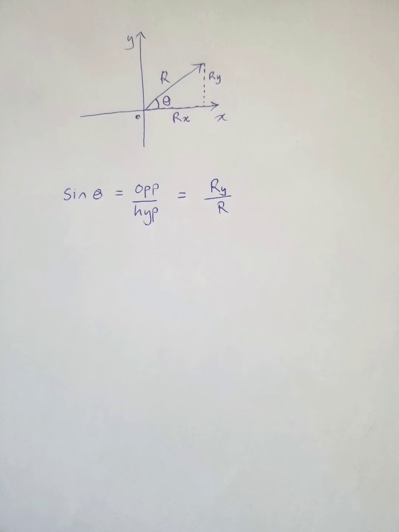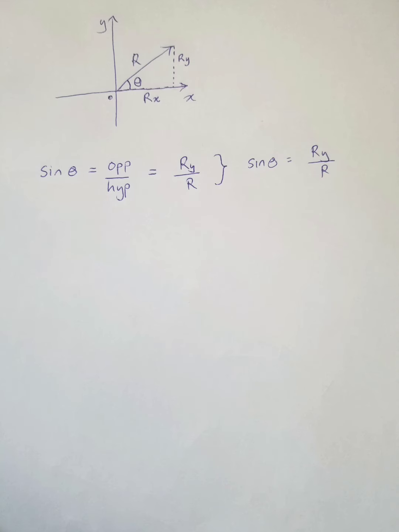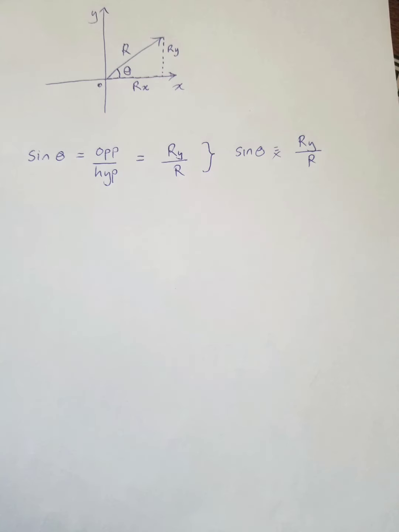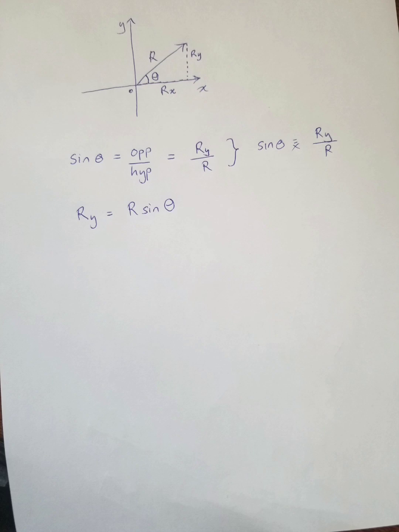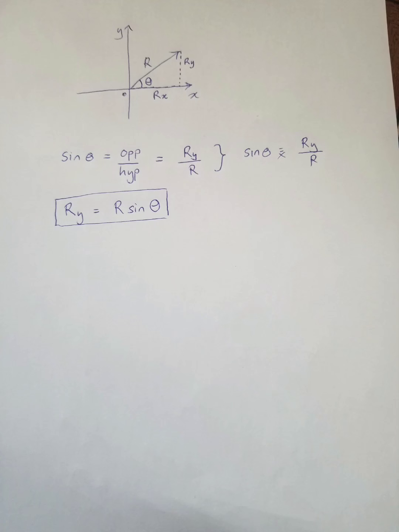And in this case, our opposite is ry and our hypotenuse is r. So if we take this equation and say sine theta is equal to ry over r and make ry the subject of the formula, we'll have that ry is equal to r sine theta. So we're going to take that as an important equation that we're going to use later.